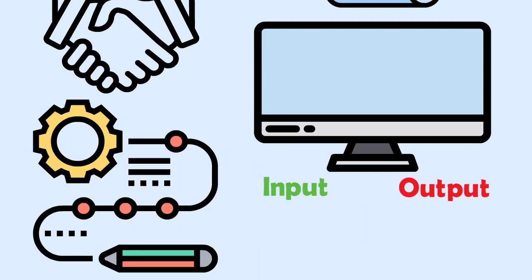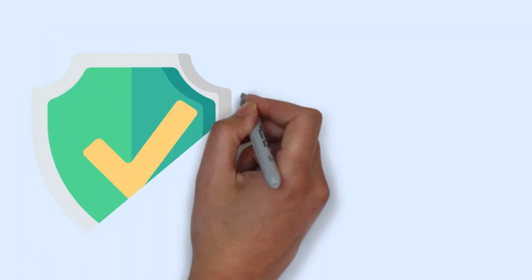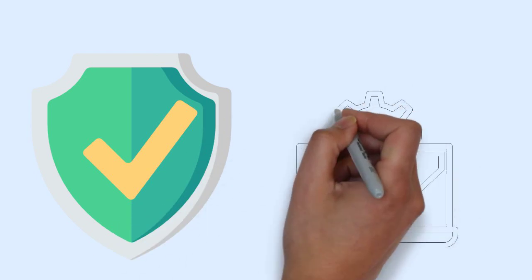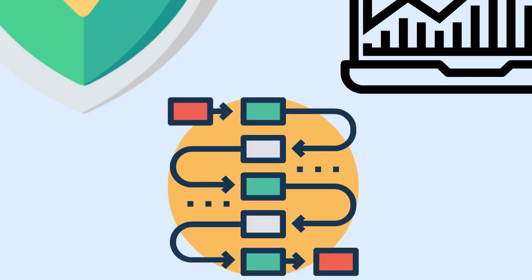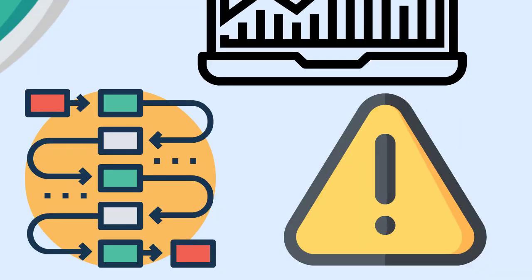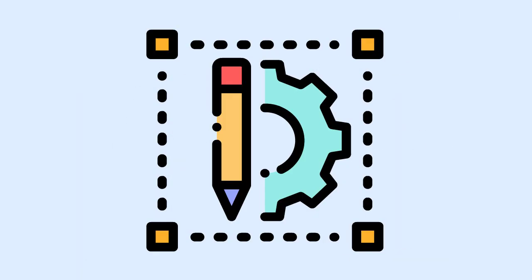A horizontal flowchart identifies specific control points in the system. A control point is a point in a process where an error or irregularity is likely to occur, thereby creating a need for control.